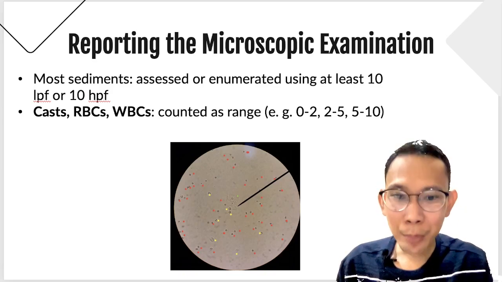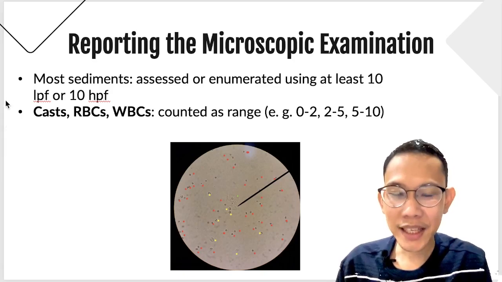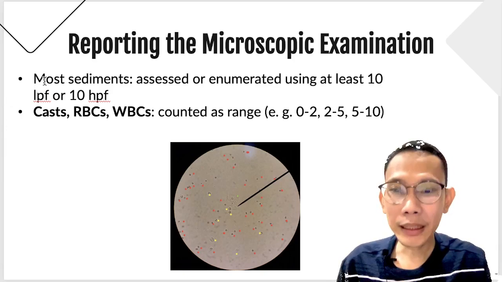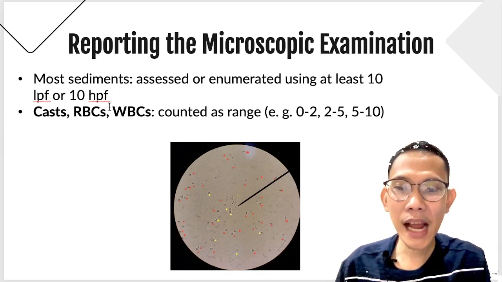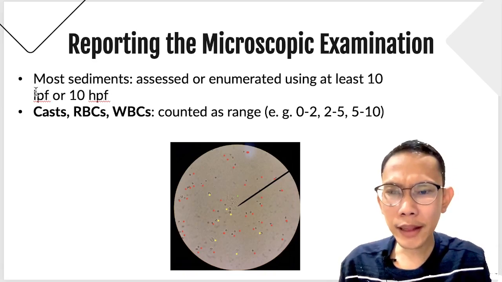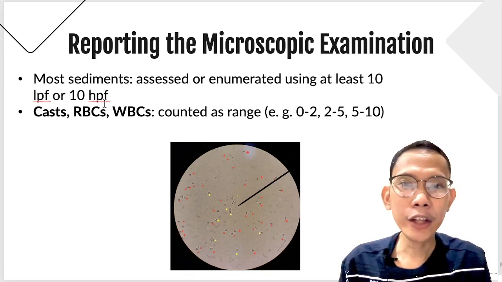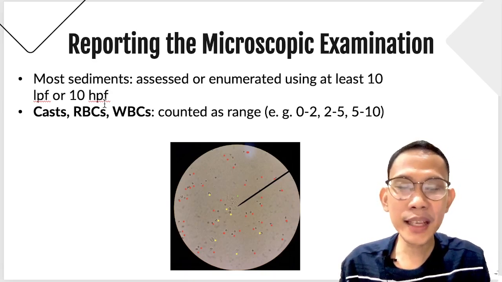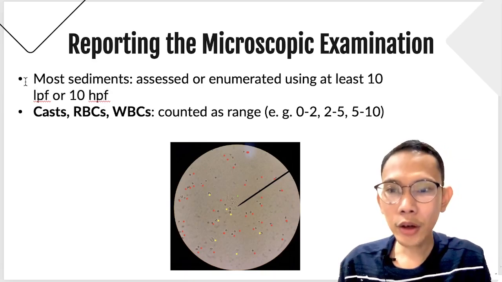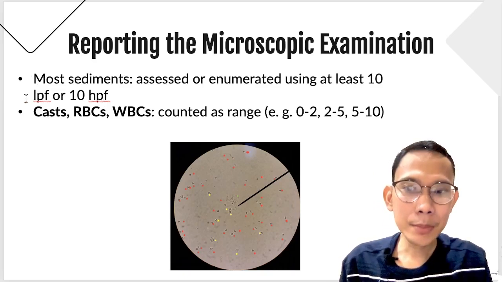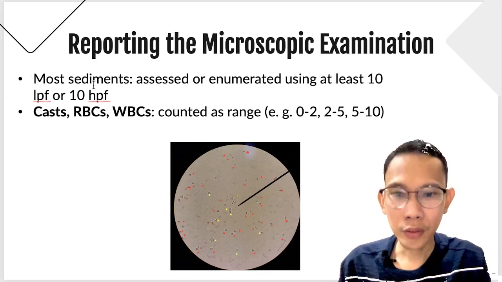Again the minimum na dapat nating basahin is at least 10 low power fields, or at least 10 high power fields. So, Doc Juan, bakit LPF and HPF? Because later on, you will learn that some urinary sediments must be read on a low power field, some must be read on a high power field.